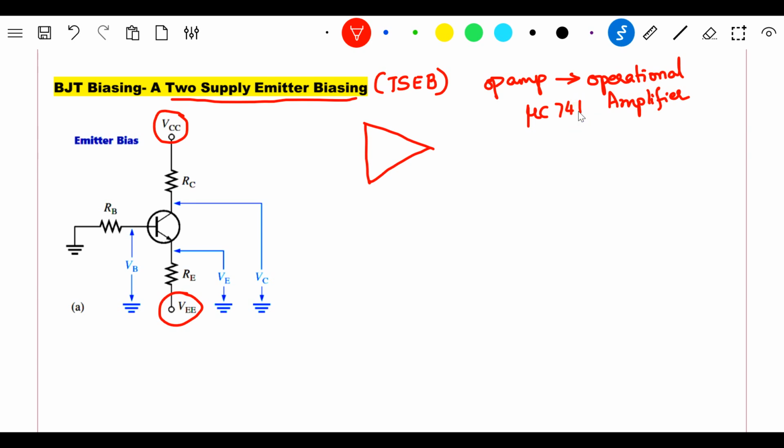I am not going to write any pin diagram now, we will discuss that later, but an op-amp always has two inputs and one output. Both of these are inputs.